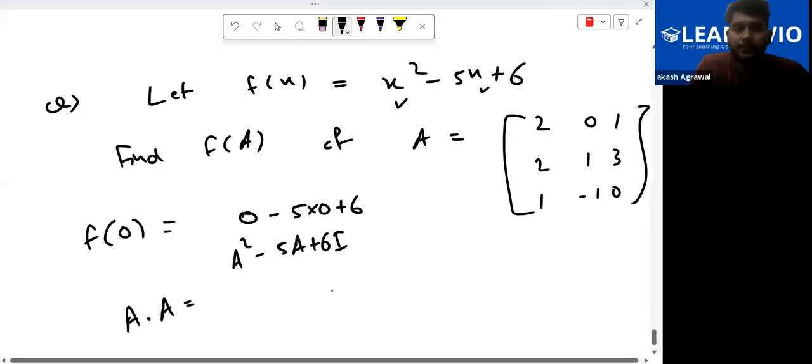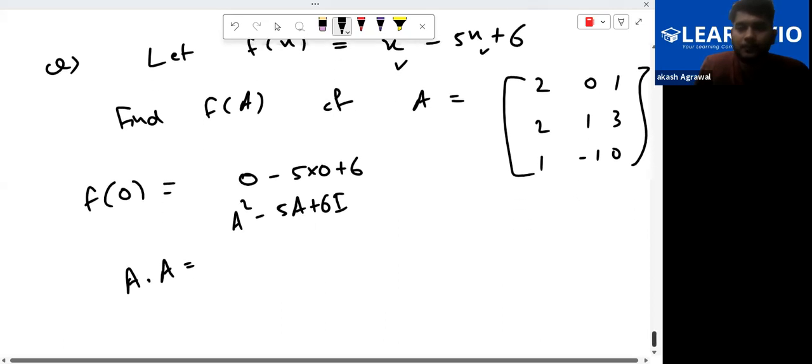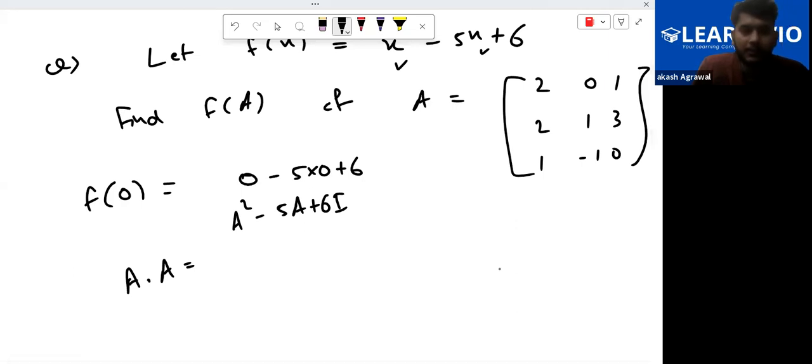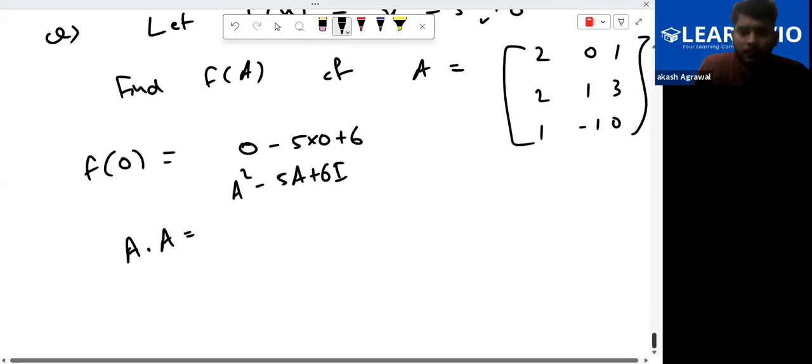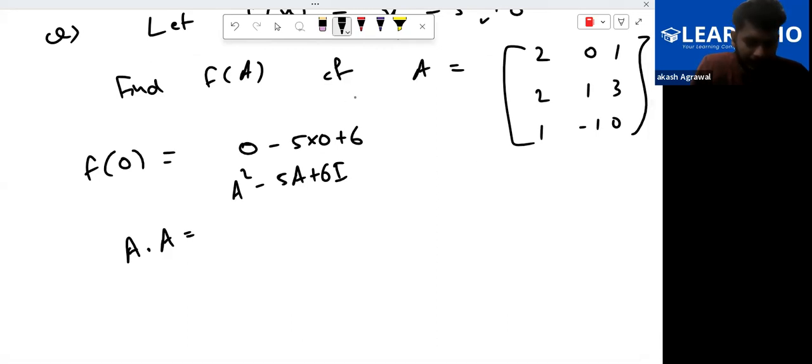What is the value you got, guys? The matrix. 5 minus 1, 2, 7 minus 2, 5, 0 minus 1 minus 2. Okay, the final matrix. Not the final answer, that is the a square value. What is the final answer?